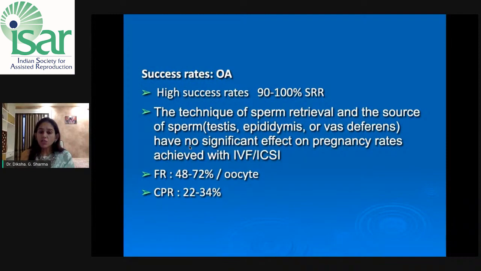For obstructive azoospermia, there are very good success rates, a 90 to 100% sperm retrieval rate. The technique of sperm retrieval and the source of sperm do not have any effect on the pregnancy rates. Clinical pregnancy rates are about similar to any other etiology for ICSI and IVF.